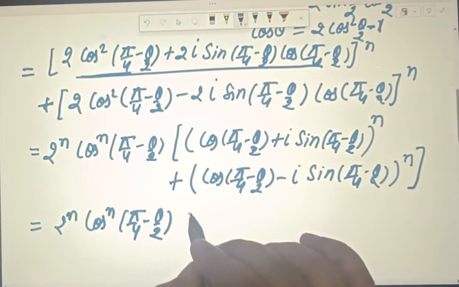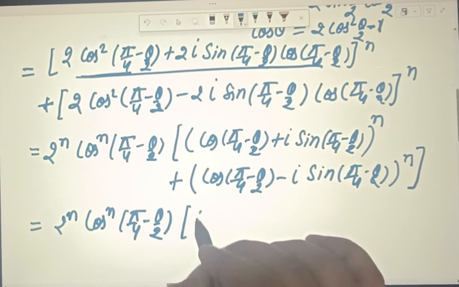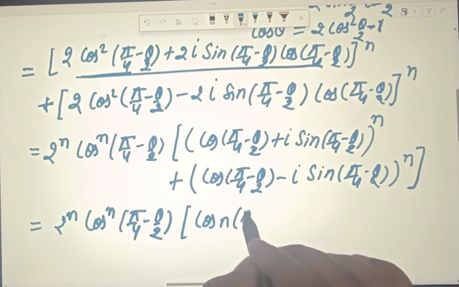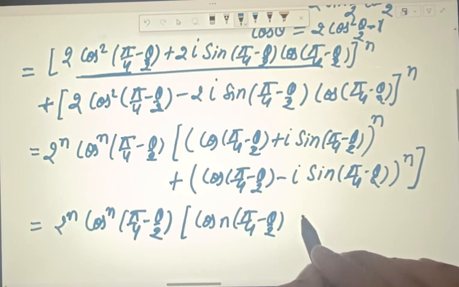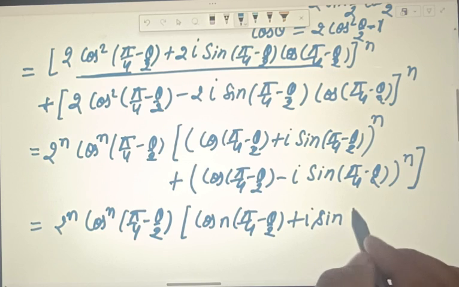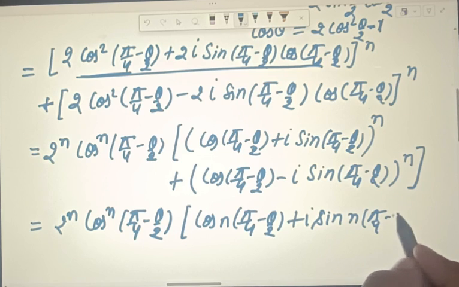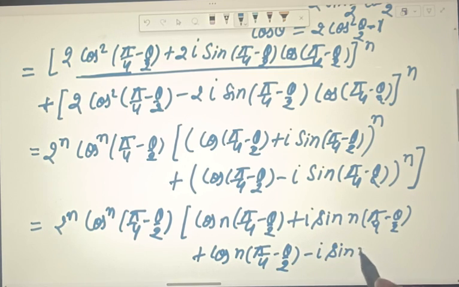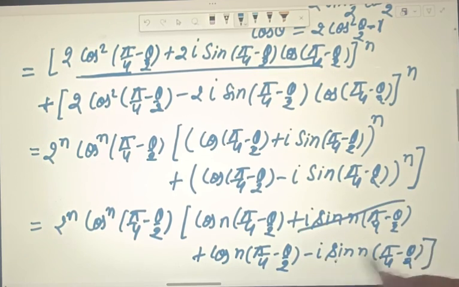Simple mathematics is going on here. Apply De Moivre's theorem: cos n times (pi/4 minus theta/2) plus iota sine n(pi/4 minus theta/2), then cos n(pi/4 minus theta/2) minus iota sine n(pi/4 minus theta/2). So these two terms will be cancelled out.